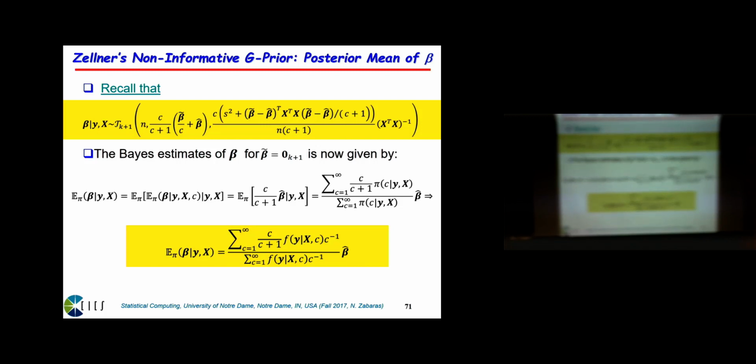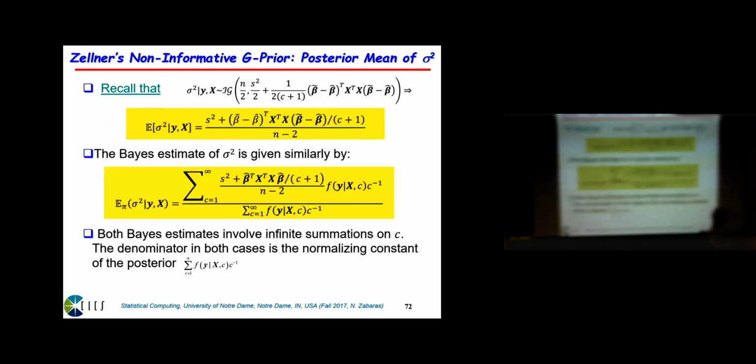What I have done here is this: the probability involves the marginal likelihood times the prior, and on the denominator I have the marginalization term. This formula we already know. Effectively, we have the posterior mean and similarly the posterior variance of beta without any C in it. C has been integrated out.